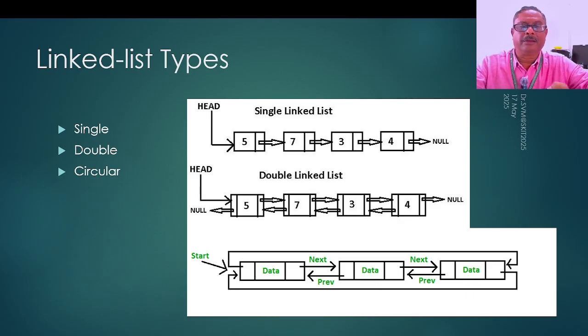If this null represents the first node and this null represents the last node, then it becomes this doubly linked circular list.